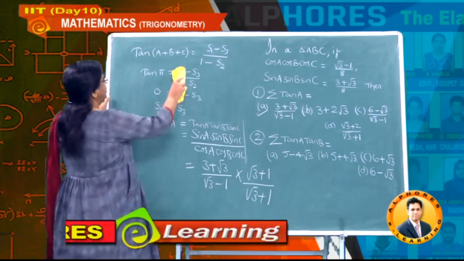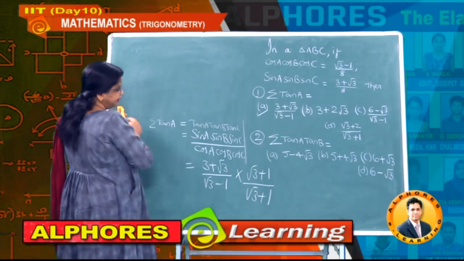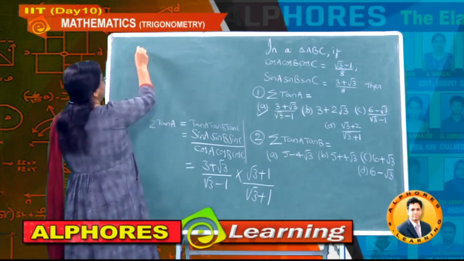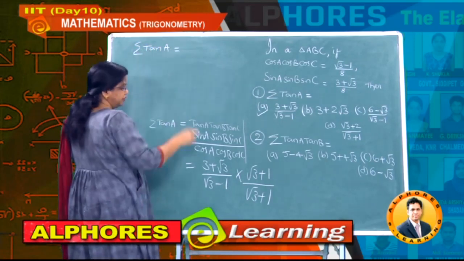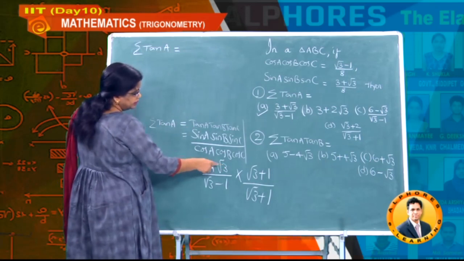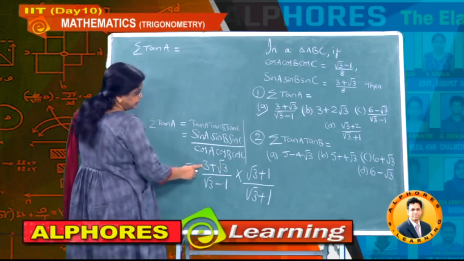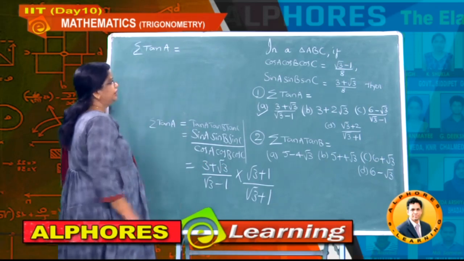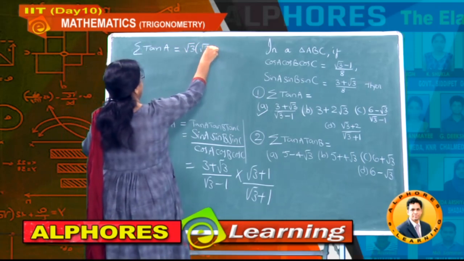Understand students? After you got this value, now take care of this one, that is sigma tan A. Sigma tan A equals, you got the value as how much here? In the numerator, I am taking root 3 common from these 2 terms. Understand? 3 plus root 3, this is root 3 into root 3. Therefore if I take root 3 common, then this is root 3 plus 1.